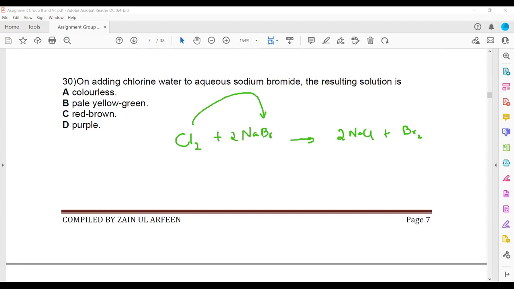As aqueous bromine is formed in the solution, what will the appearance be due to the formation of bromine? We will say it is red-brown in color. So C will be the right answer.